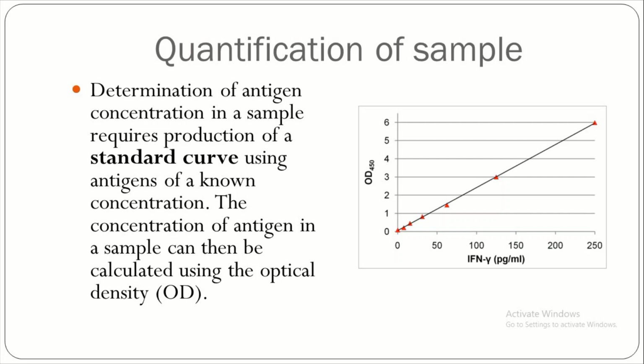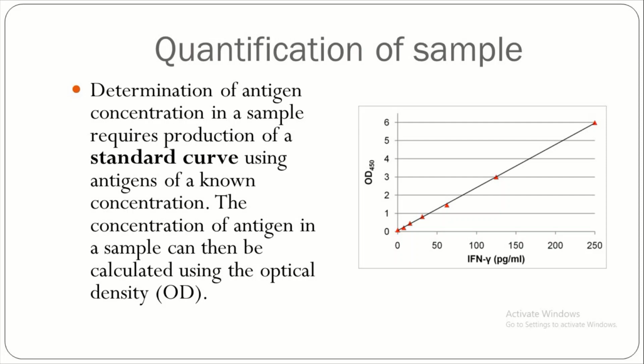After I measure it in the spectrophotometer reader, I will get the values, the optical density. Based on the optical density for the standards, I will plot a curve. You see the figure on the right side: on the x-axis I will use the concentration of the interferon gamma, and on the y-axis I will use optical density.